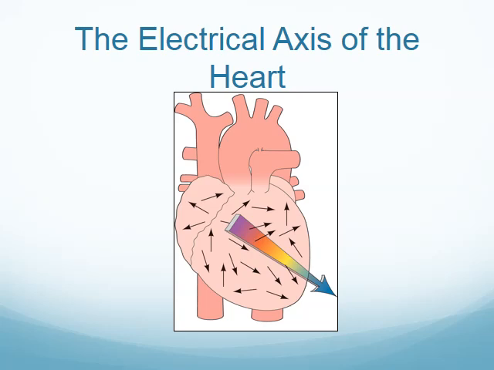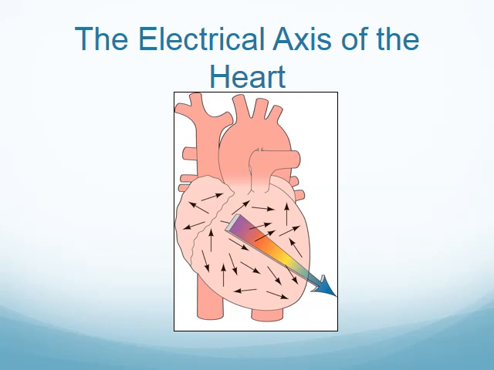So remember, every little myocyte and conductive cell in the tissue has its own vector. They're all depolarizing in a certain direction, and they make an electrical stimulus in one direction or the other. The overall average of the vectors in the frontal plane should be pointing down and to the left.